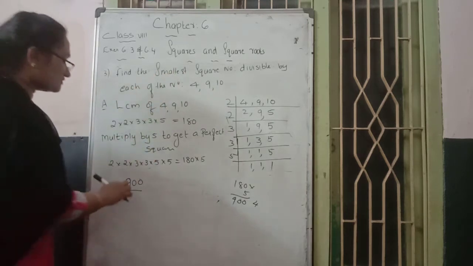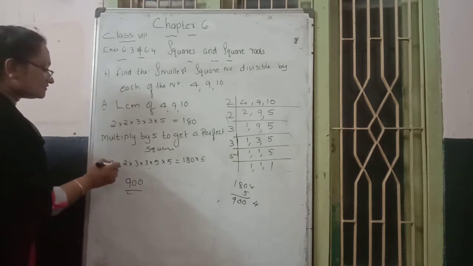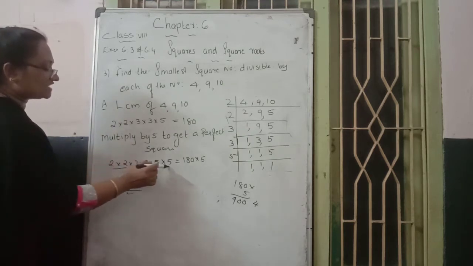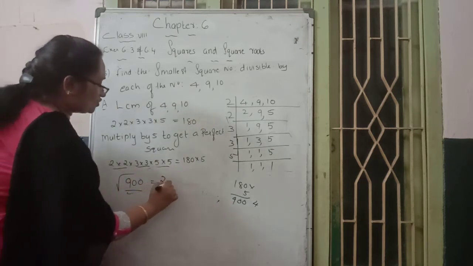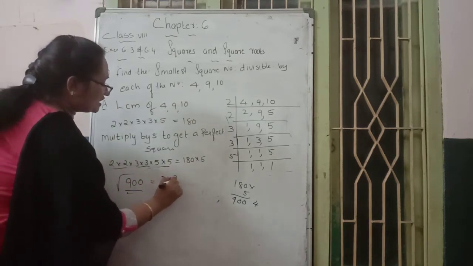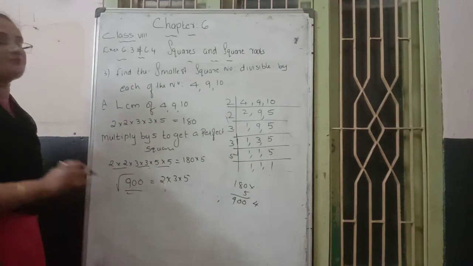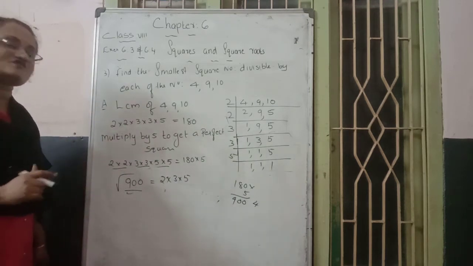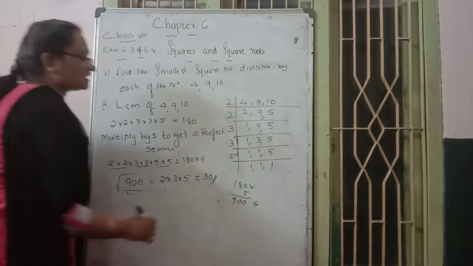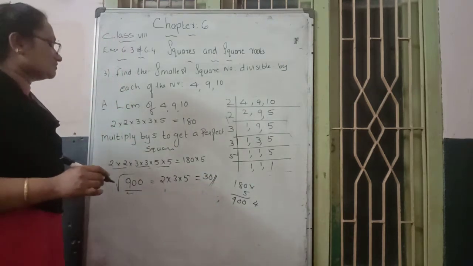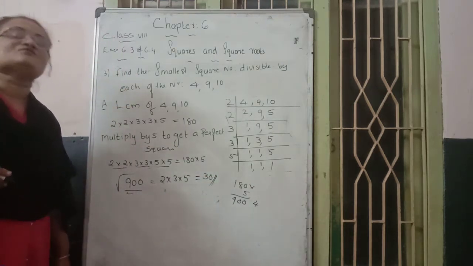The square root of 900 becomes 2 into 3 into 5 pairing, and from each pair we take one number outside and multiply, which gives 30.